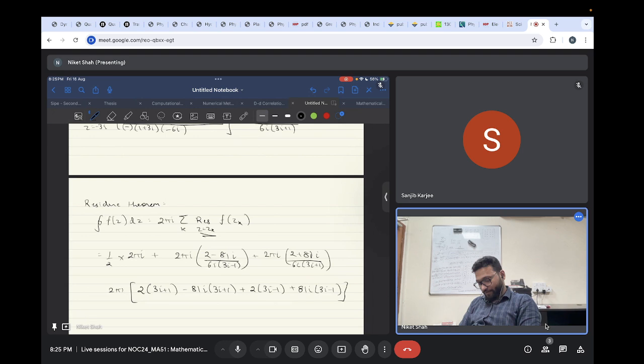2 pi i divided by 36 into minus 1 into (3i minus 1) into (3i plus 1), with a negative sign outside maybe. So 1 minus 9i squared, so 1 plus 9, which is equal to 10.